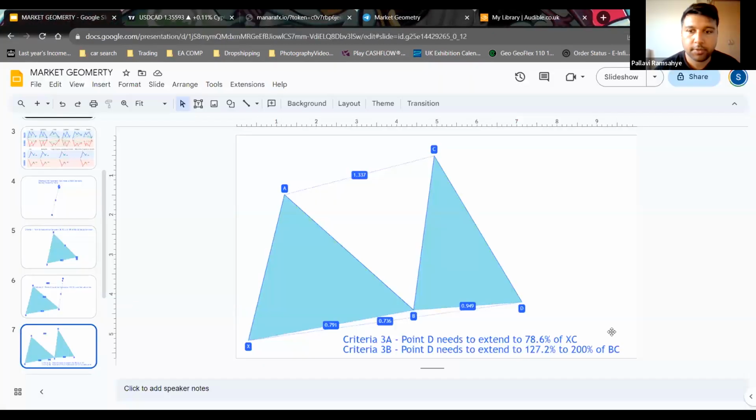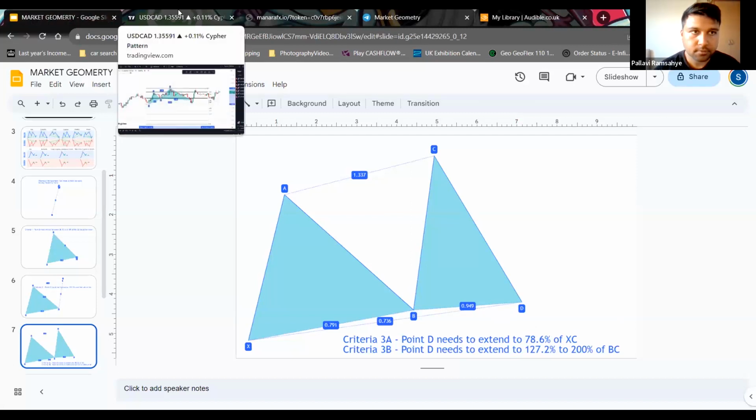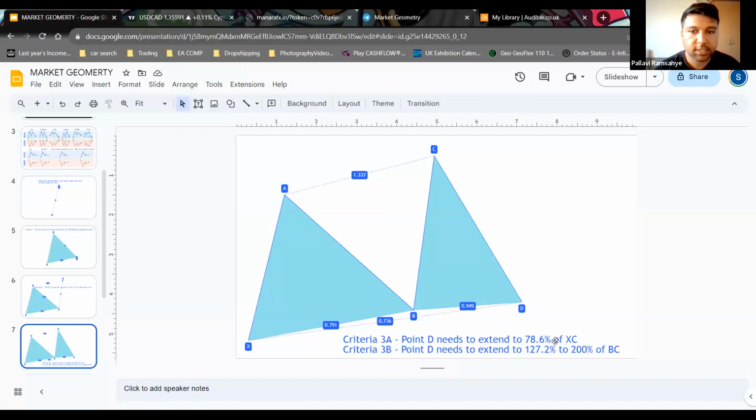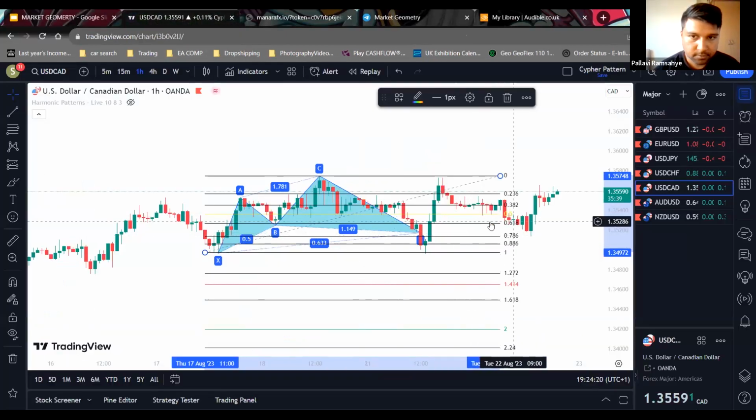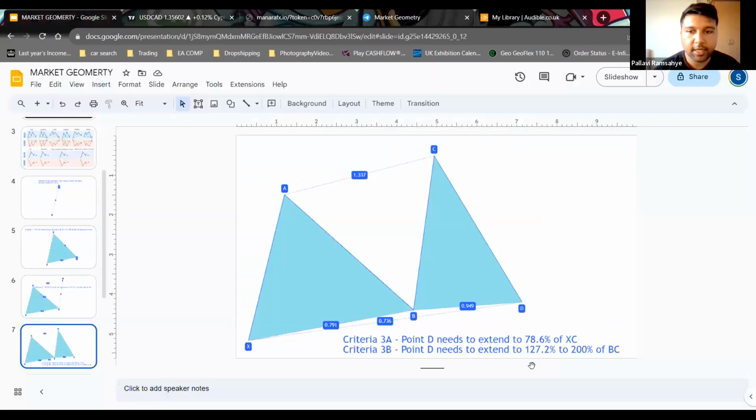So let me get that back up. 78.6%, okay? So we need to extend to 78.6%. And then for the second part for point D, we're looking for another extension zone of 127.2% and 200% as well. And this is of BC, okay?